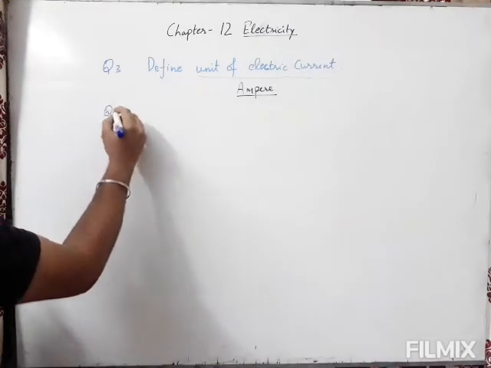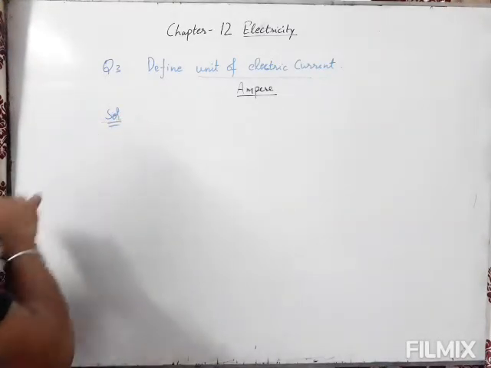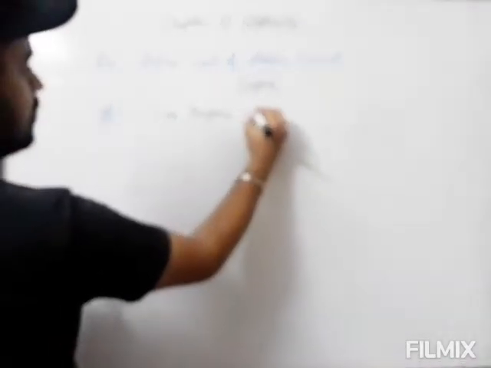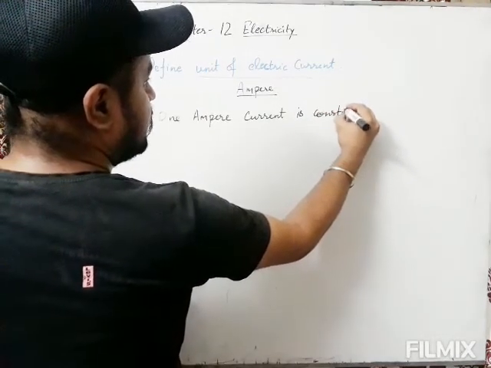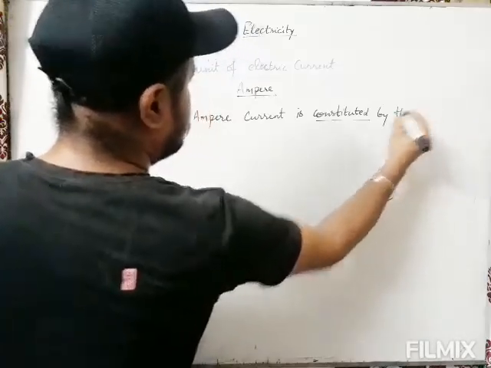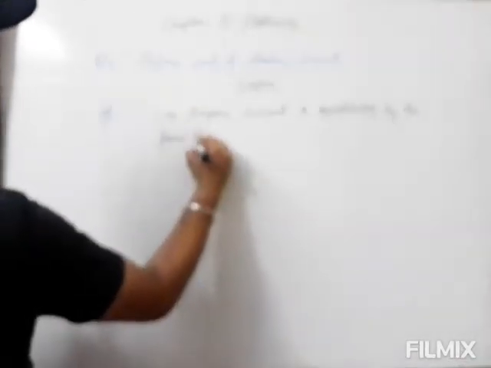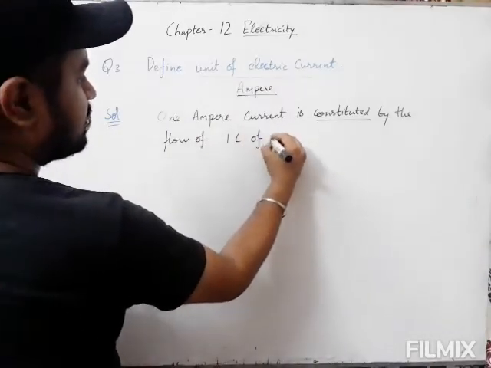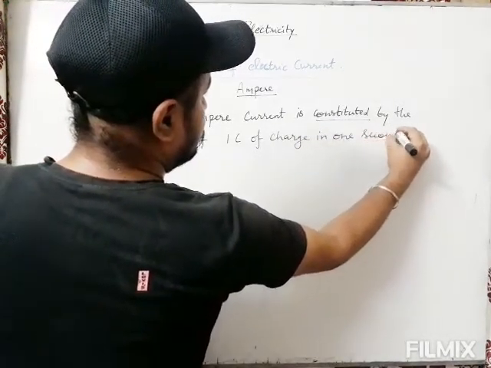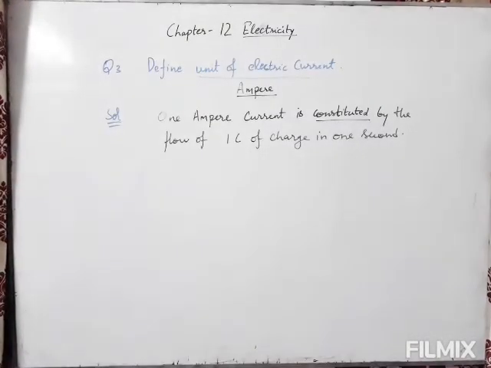So we have to define it. 1 ampere of current is constituted by the flow of 1 coulomb of charge in 1 second.